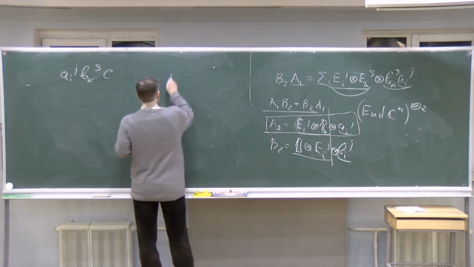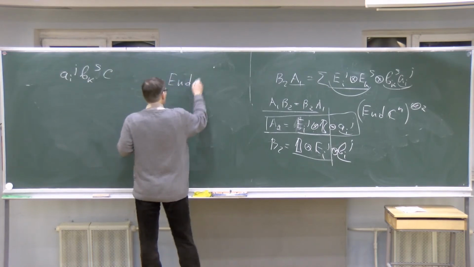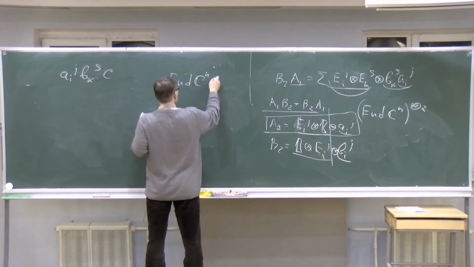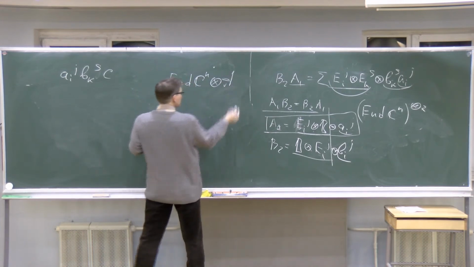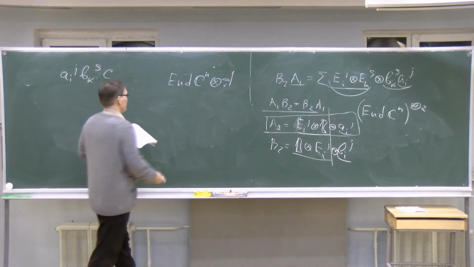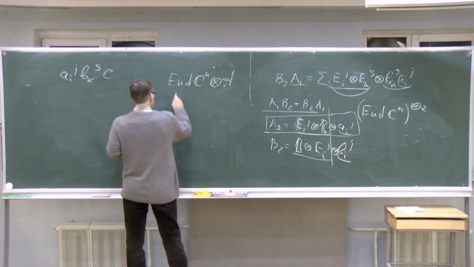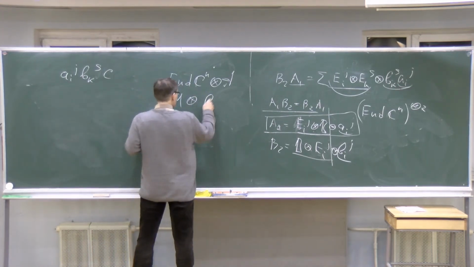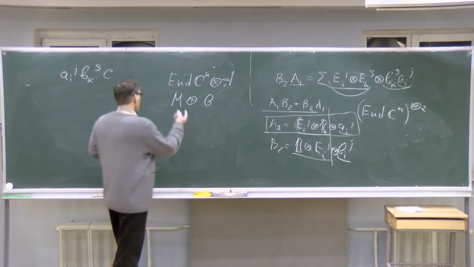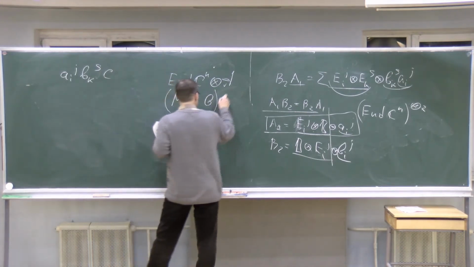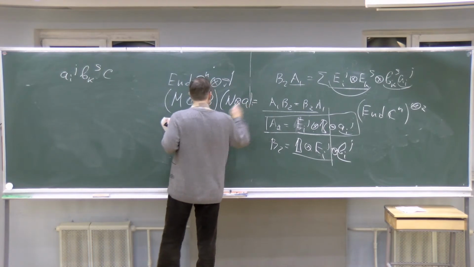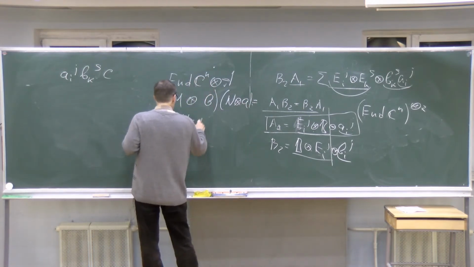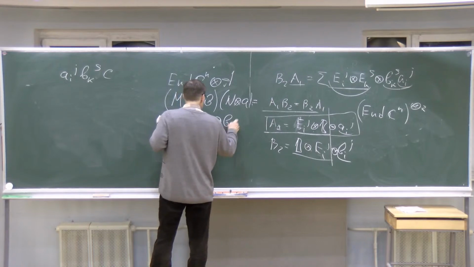If I have an object from endomorphisms of C^n, for example, here I have some matrix M, and here I have some matrix element B. So the product of such elements M over A is by definition M over BA.